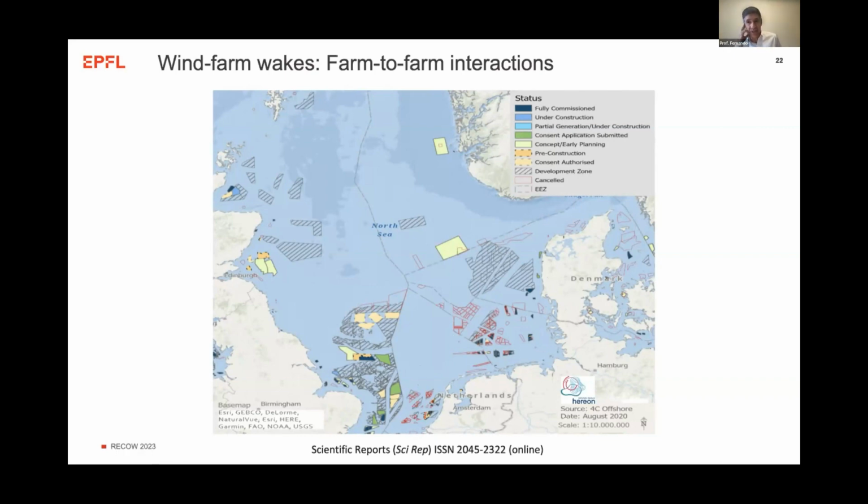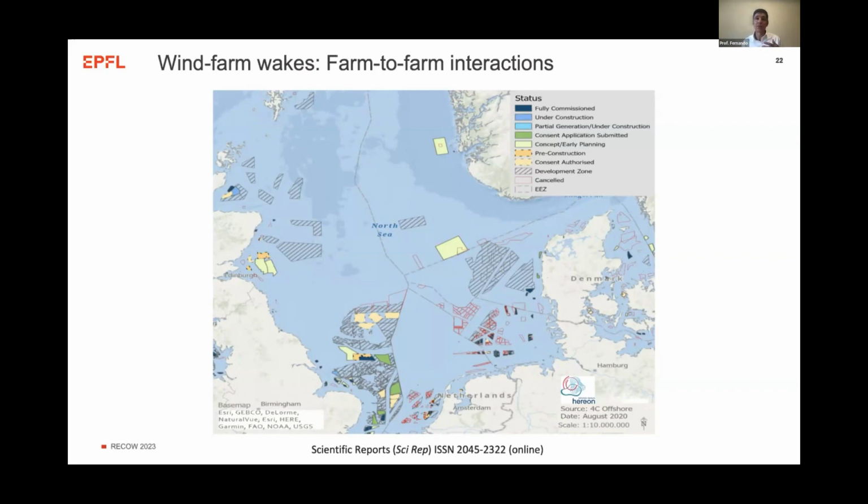That brings new concerns because people are realizing with some of the offshore wind farms, even the ones already installed, not to mention the ones that will be installed, which will have a much higher density, that there is an effect of some wind farms on other wind farms.